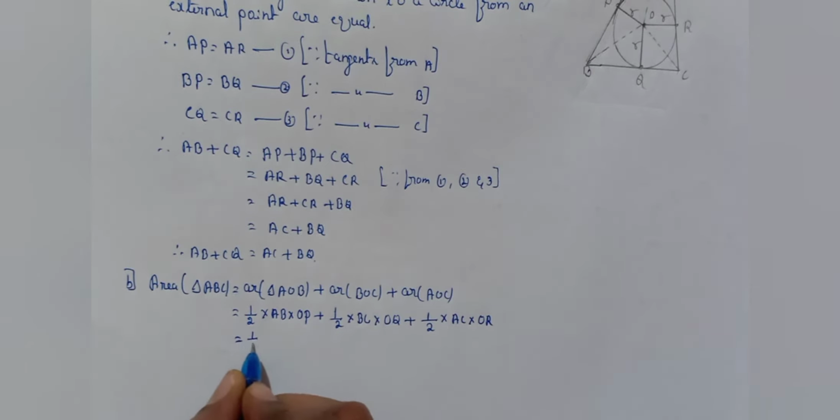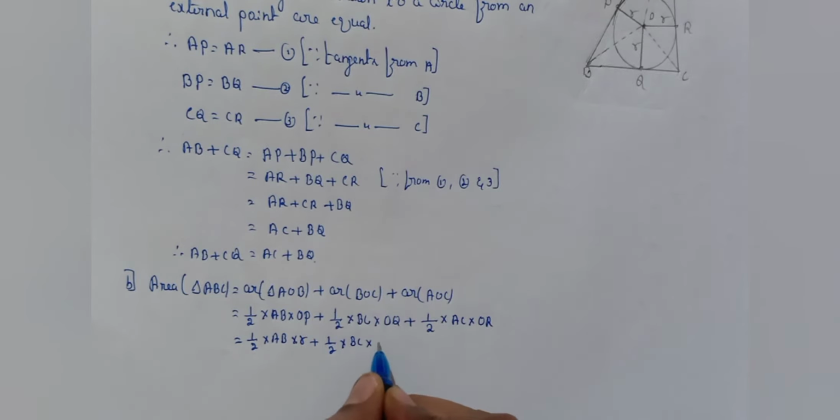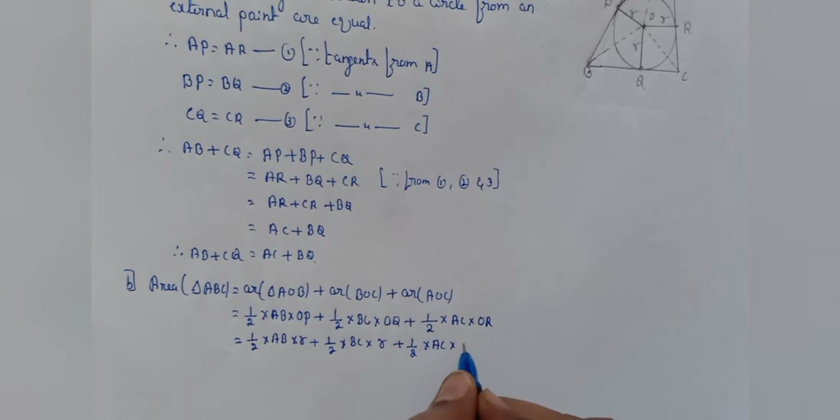Next, half into AB, OP is nothing but radius R, half into BC, again OQ is the radius R, plus half into AC and OR is the radius. Now we can take the half and R as the common factor.